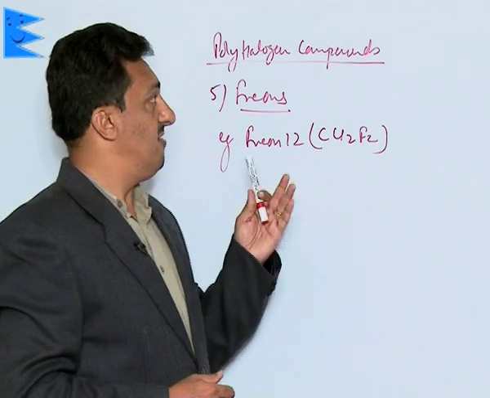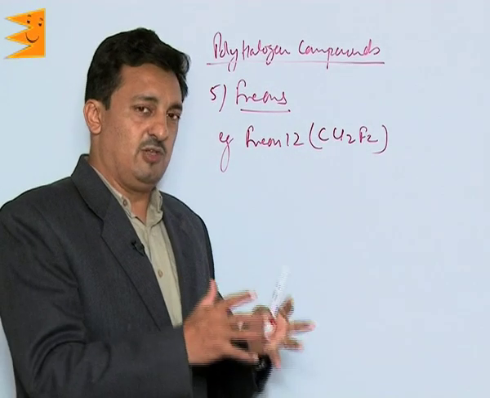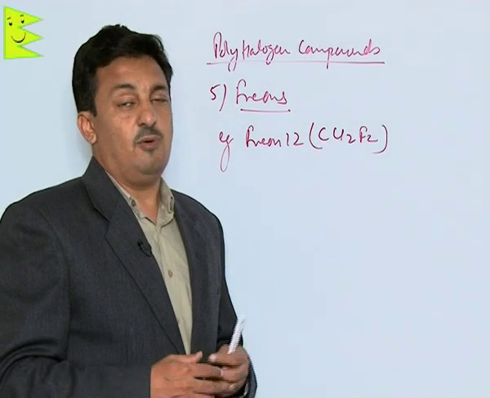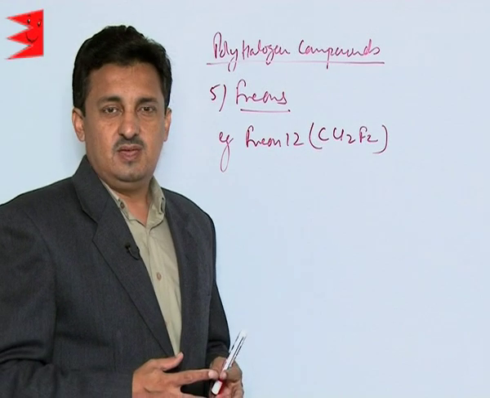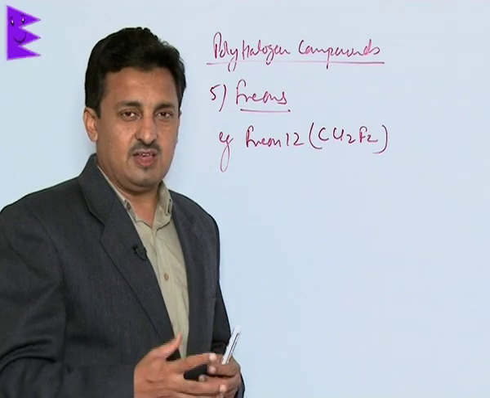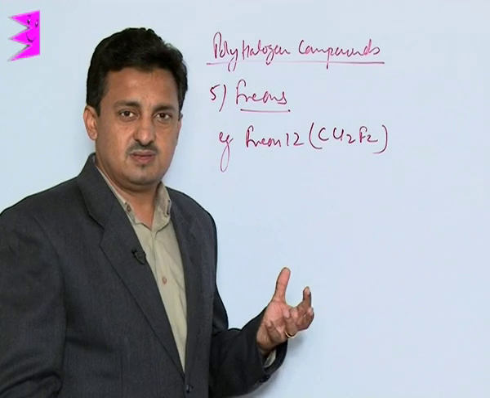The next category of polyhalogen compounds is freons. Freons are chlorofluoro derivatives of methane and ethane. They are the most commonly used refrigerants, and we use them in our air conditioners and refrigerators. So they are very important gases.